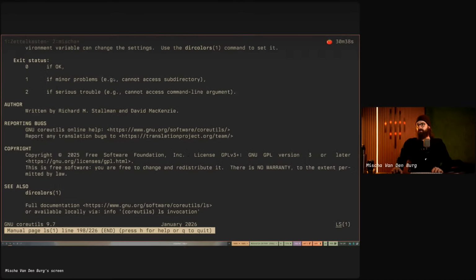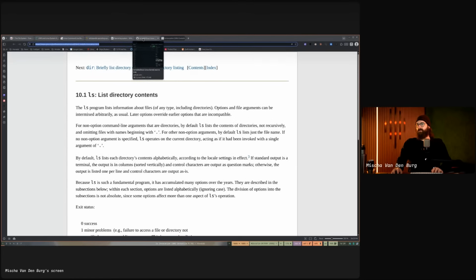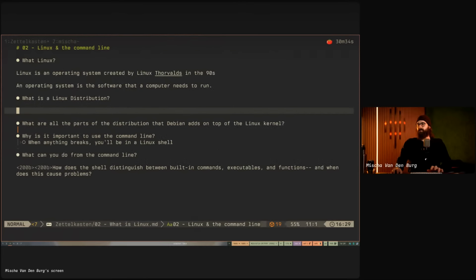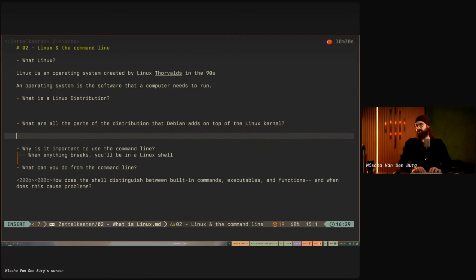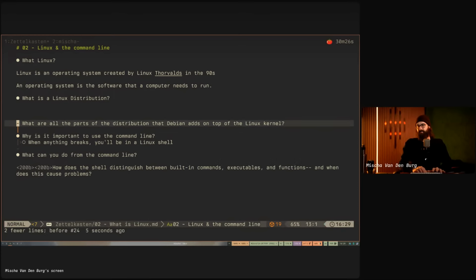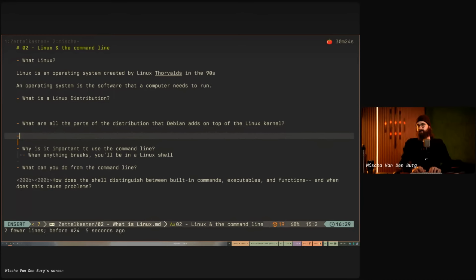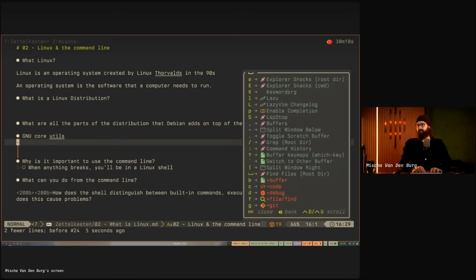And so the question then: what is a distribution, and what are all the parts of a distribution that Debian adds on top of the Linux kernel? Well, we know now that, for example, the GNU core utils is one of those parts that it adds on top of the kernel.